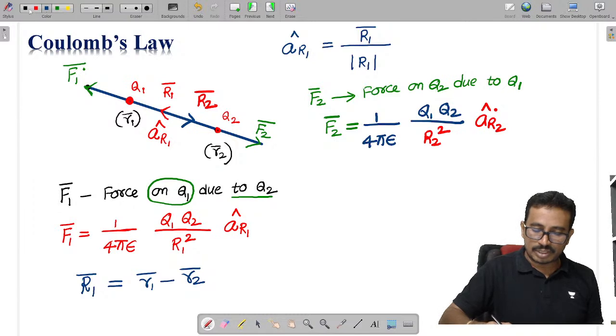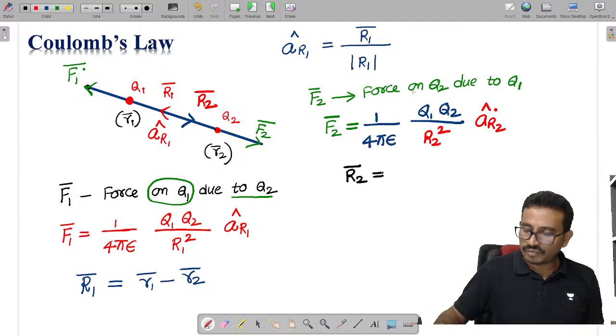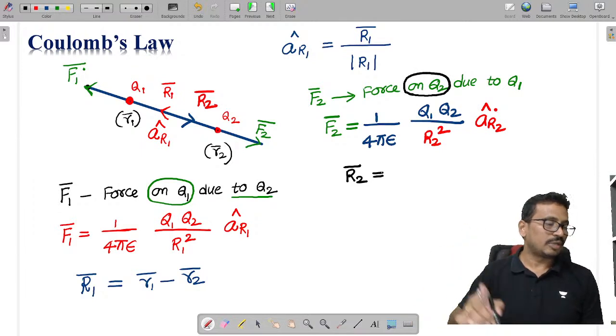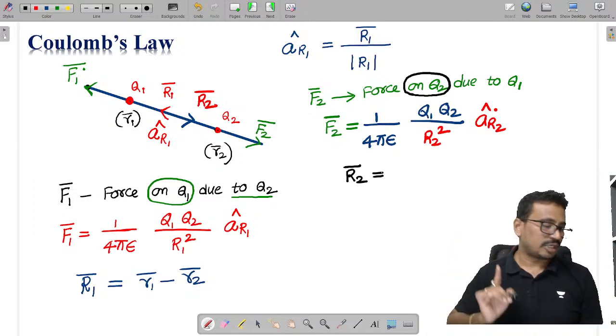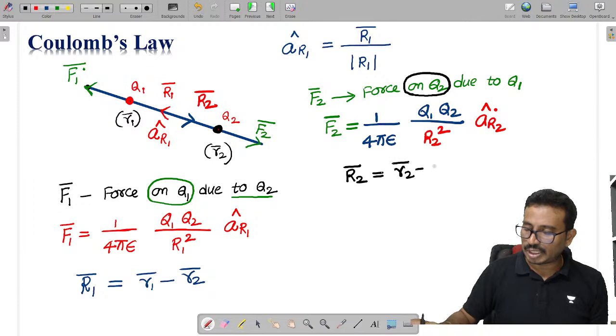Where are you finding the force? On Q2, so Q2 must be the final point. So how should we write R2? Final distance minus initial distance, that is R2 bar minus R1 bar.